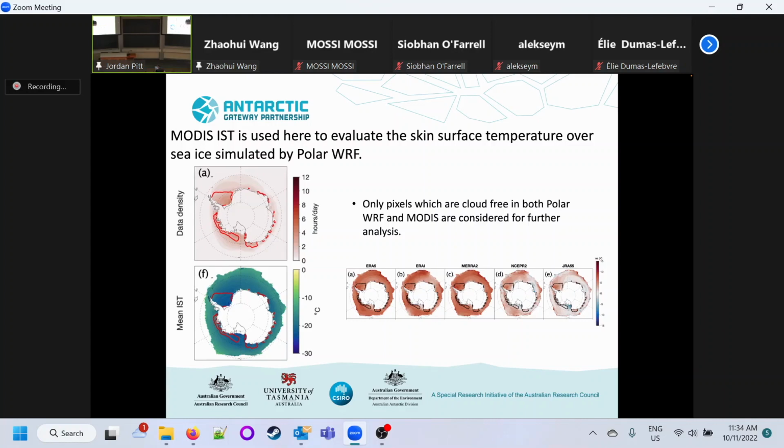That is caused by the mismatch of cloud cover between MODIS and the model simulation, like Polar-WRF or the ERA5 model. So to avoid this warm bias, we only consider the pixels that are cloud-free in both Polar-WRF and MODIS. So we reduce the data points to avoid this warm bias.